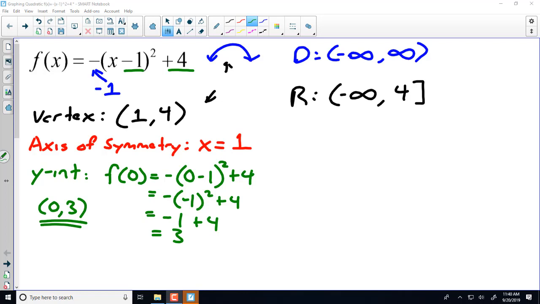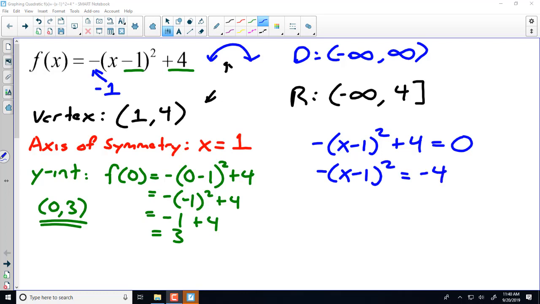Okay, let's see where this particular graph is going to have its x-intercepts by finding the zeros of the original function. So I'll take the entire equation, set it equal to 0. And once again, I have to be careful with this negative sign here, because usually when I try to find the x-intercepts, I'm going to subtract that 4 from both sides. But before I take the square root of both sides, by applying the square root property, I need to kill both those negative signs. More importantly, this negative sign can't be here. So I'm going to multiply both sides by -1, and when I do that, it gives me this.